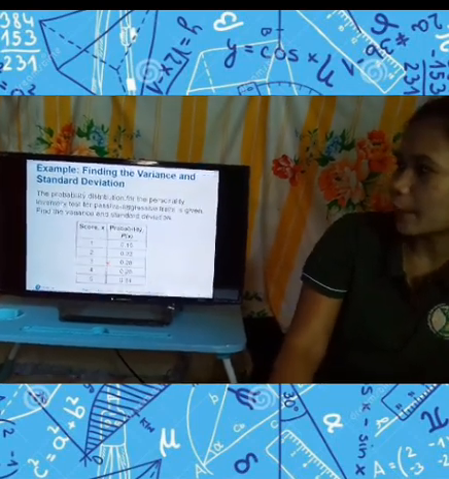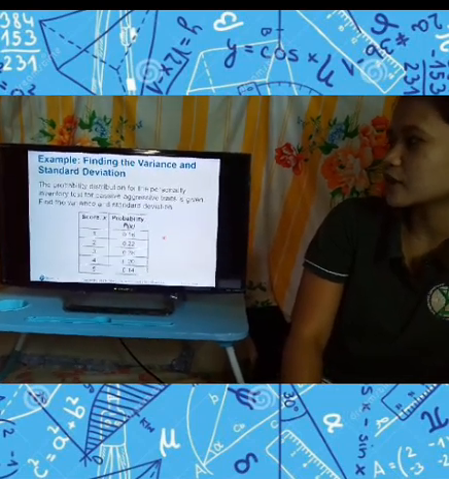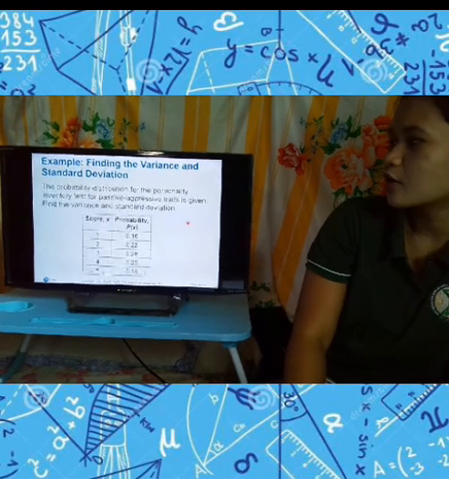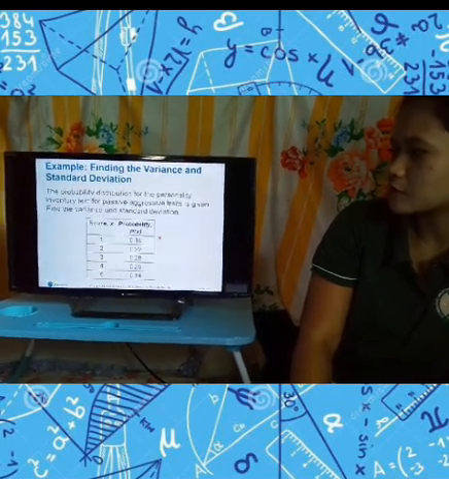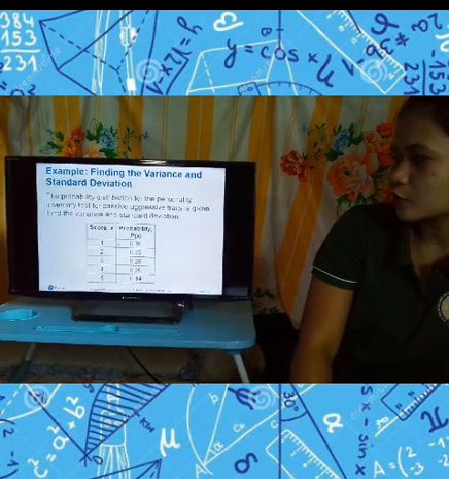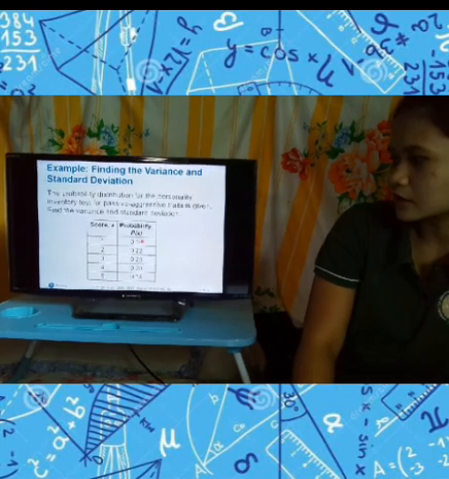So, here, the probability distribution for the personality inventory test for passive-aggressive traits is given. Find the variance and standard deviation. So, this is the probability distribution table, with the score, our random variable, and its corresponding probability.